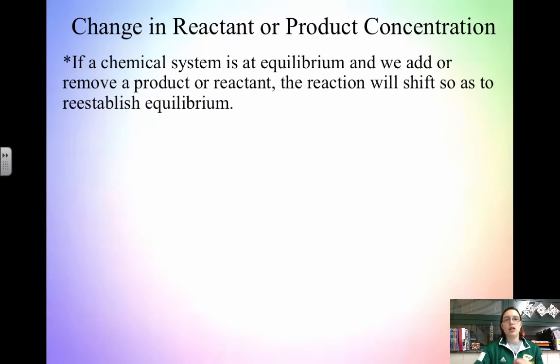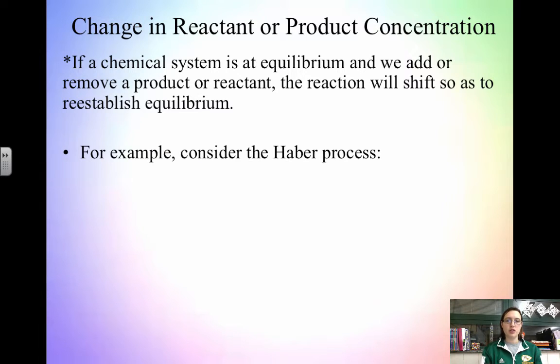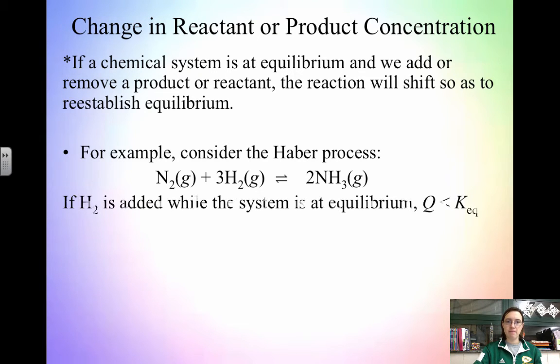If a chemical system is at equilibrium and we add or remove a product, the reaction is going to shift so we can reestablish equilibrium. So for example, we have the Haber process. Nitrogen and hydrogen makes ammonia. If H2 is added while the system is at equilibrium, we add more H2. Notice now we have too much reactant.